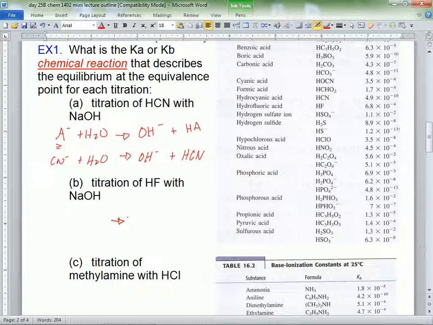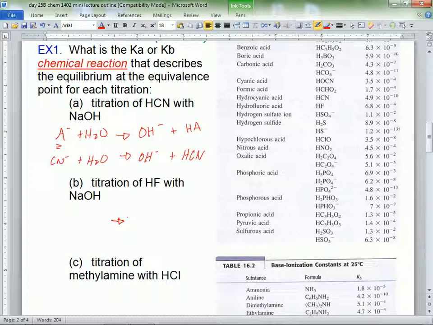That's one way to think about it. The other way is if you titrate with a base, you get a base. If you titrate with an acid, you get an acid. It'll be the conjugate, but that's okay.